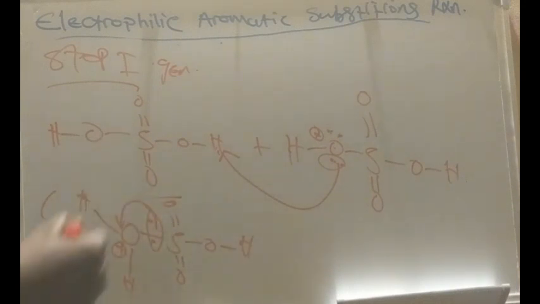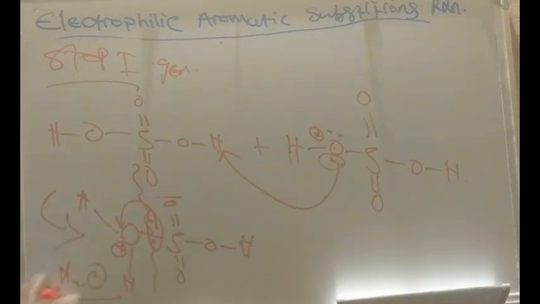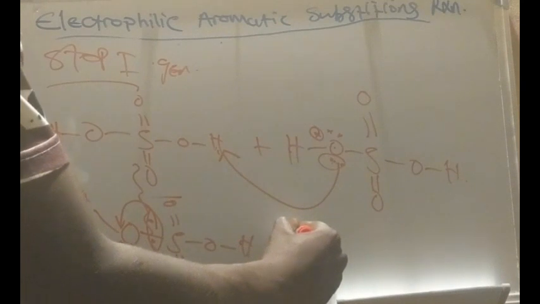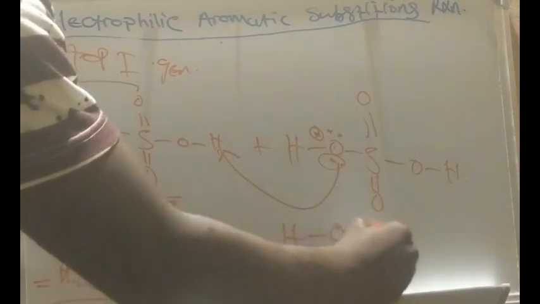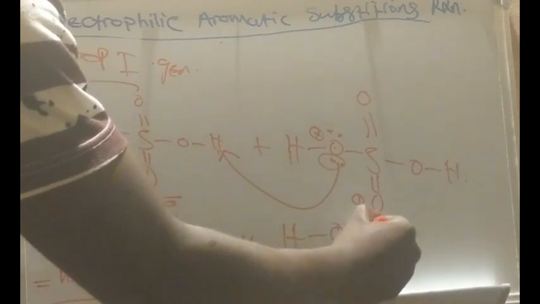So this will result in the breaking of this bond, and from this breaking we will produce H2O, which is water. We'll produce water here as a result, and we'll produce a sulfonium ion as a result of that separation.